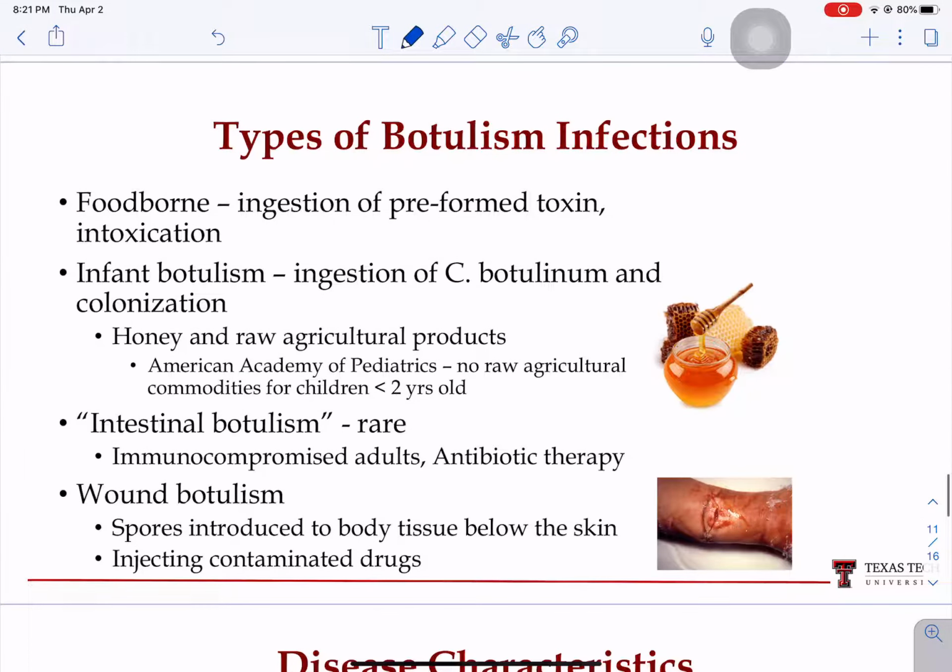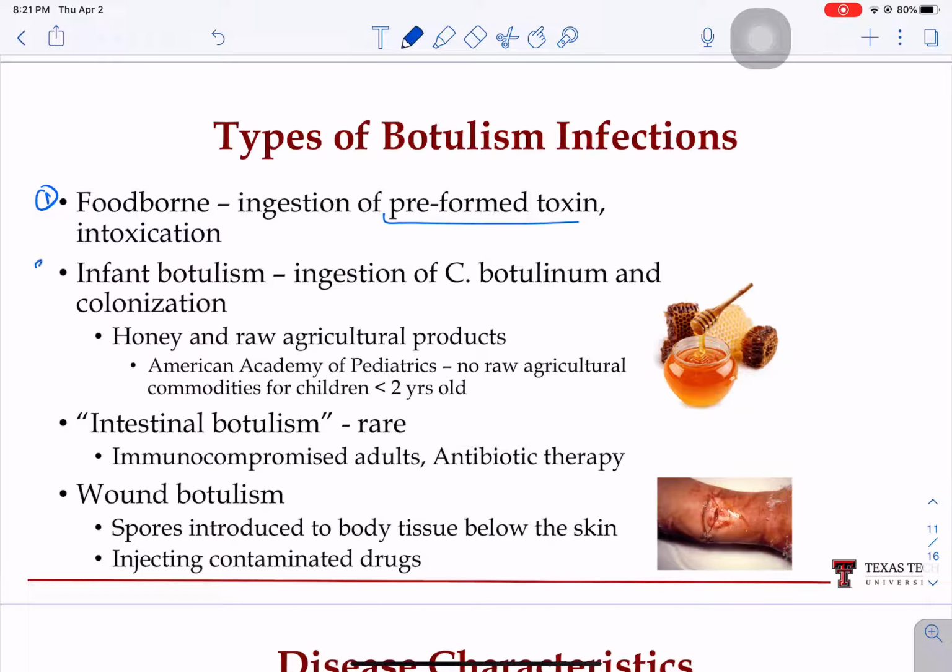Okay, we were talking earlier about different types of illnesses associated with Clostridium botulinum. There are 4 known illnesses. We have foodborne intoxication, just the most common form of Clostridium botulinum intoxication, which is intoxication by the preformed toxin in the food.